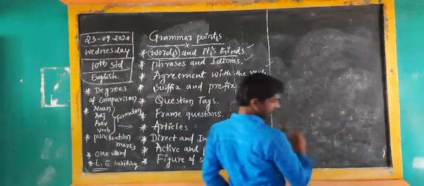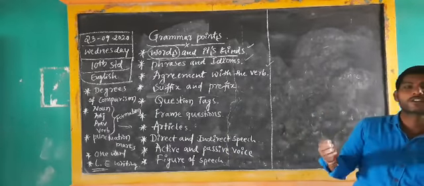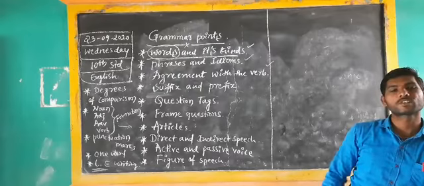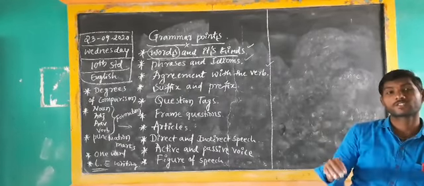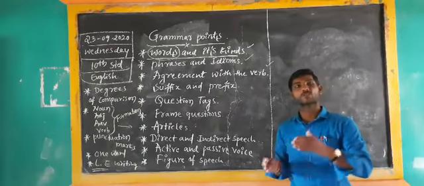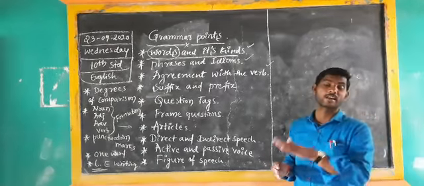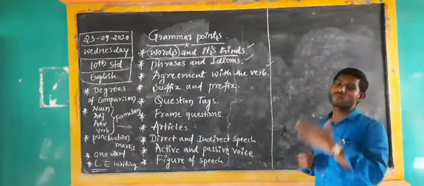The very first one, in that we have to learn what is the meaning of synonyms. Synonyms, another name of synonym is equal meaning words. If a word has equal meaning to another word, it is considered as a synonym.